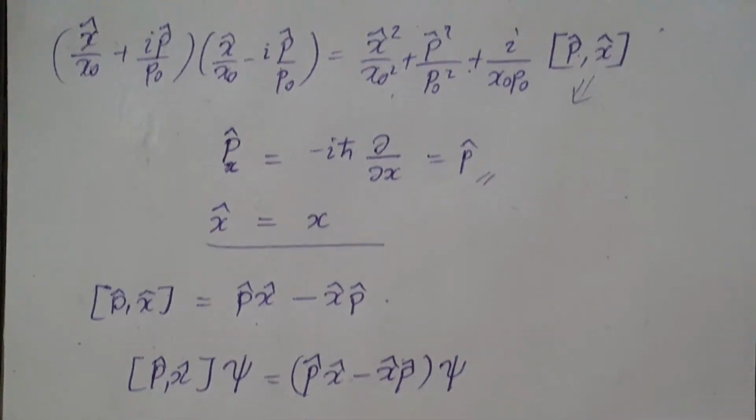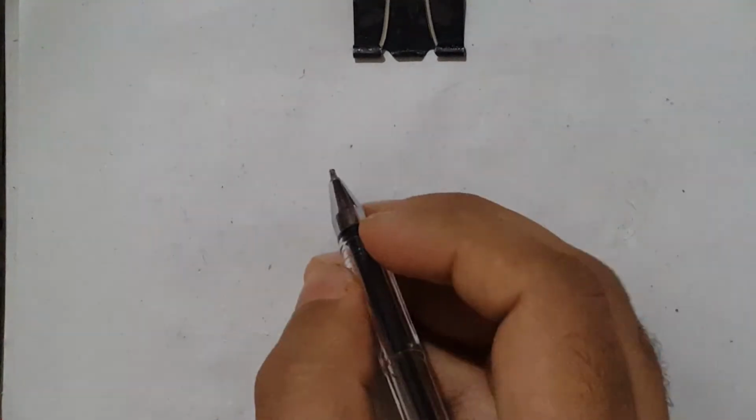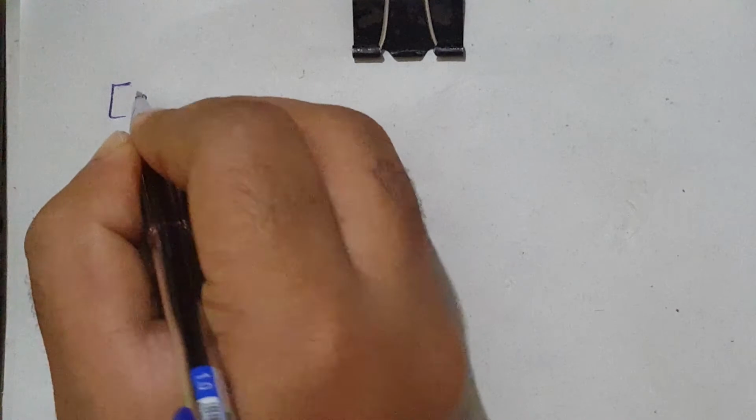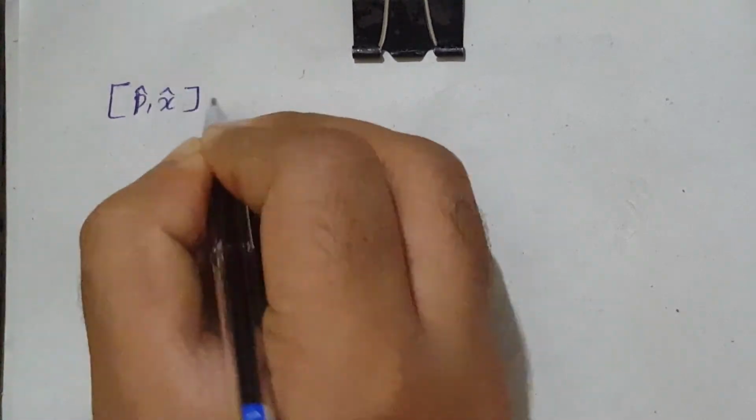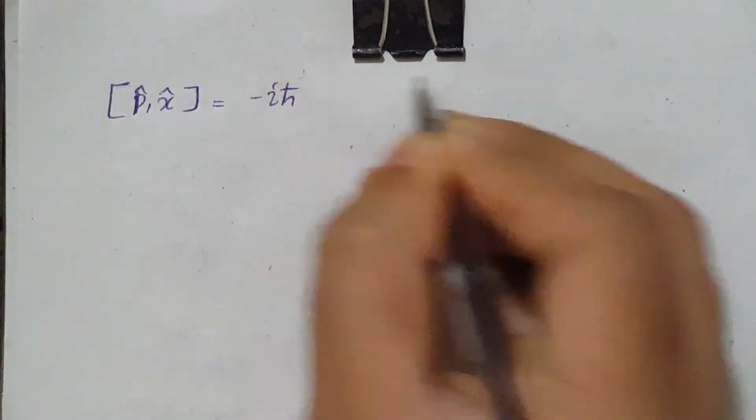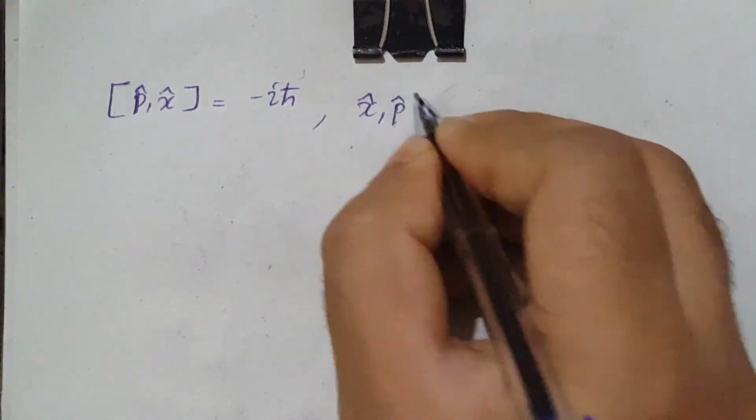Now, what will be the commutator for x cap and p cap? We now have p cap x cap is equal to minus i h cut.